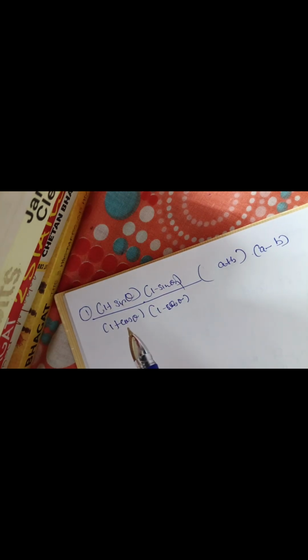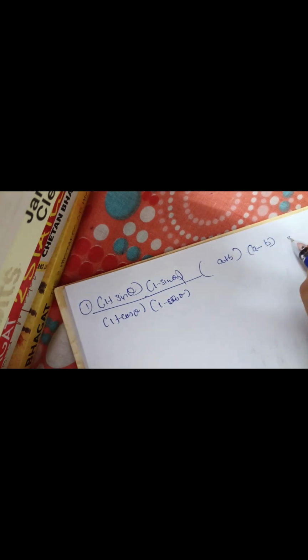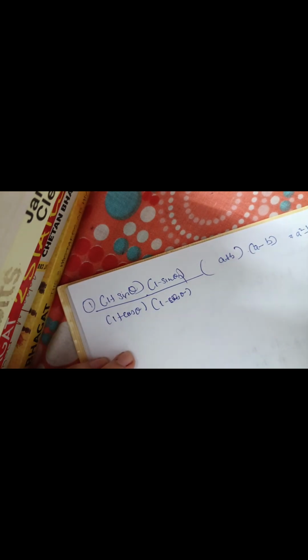Here 1 is a and sine theta is b. And here 1 is a and cos theta is b. So a plus b into a minus b equal to a square minus b square.